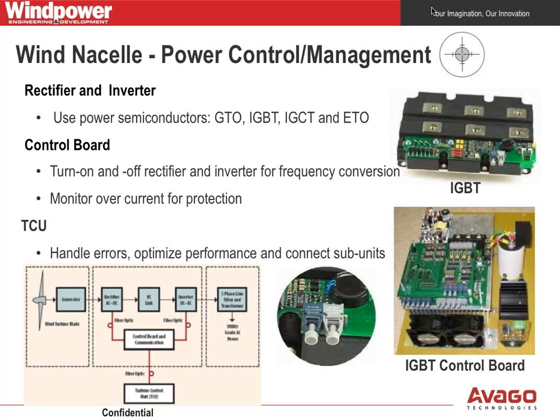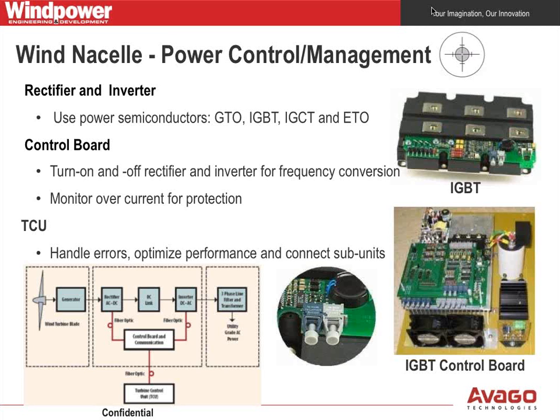So how does that play into the actual designs themselves? Talking about the nacelle up at the top, for your power control and management circuitry. On one side you're going to have the low power CMOS circuitry that is managing and controlling the high power IGBT products in the power circuitry.